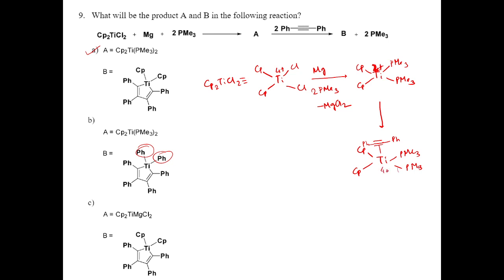One can go out and form this Cp, and basically both, one at a time will go out and it will form this type of thing.